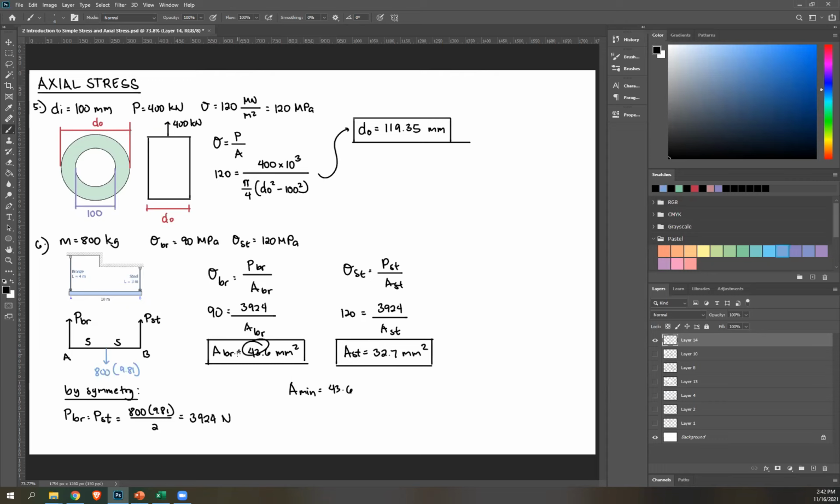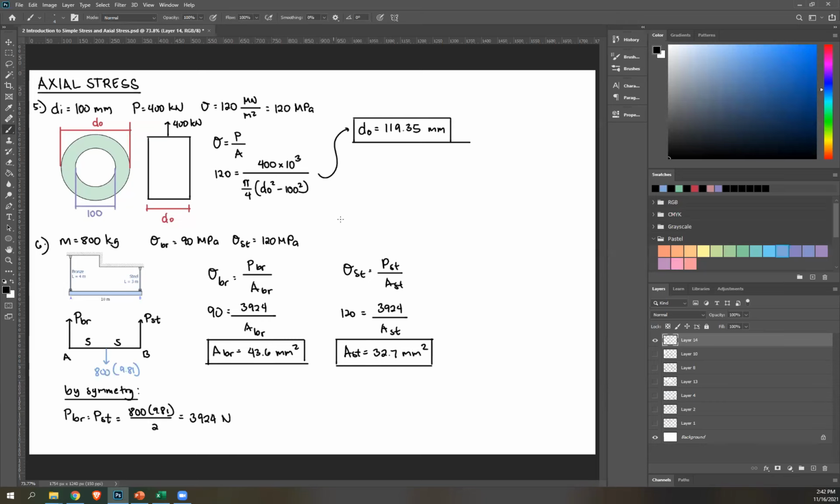Anything less than that, bronze will fail. Okay, so that's why I can't use 32.7. That's less than 43.6. If I use this, bronze will fail. That's why whenever looking for minimum dimension, I use the maximum value. Okay, but again, for this problem, it's not asking that. It's asking for each cable. So your answer is both.